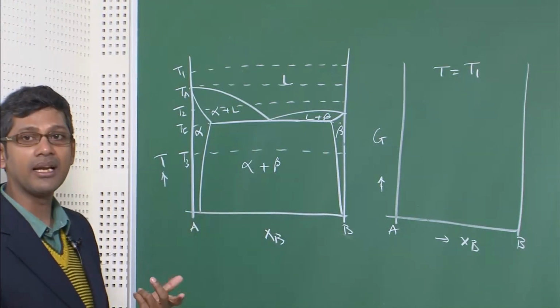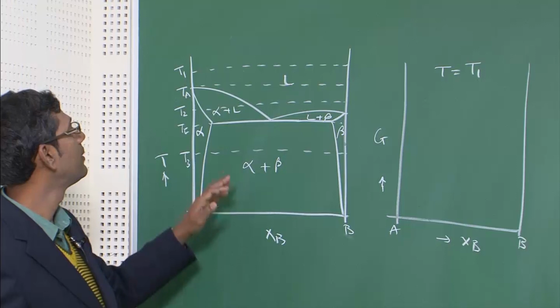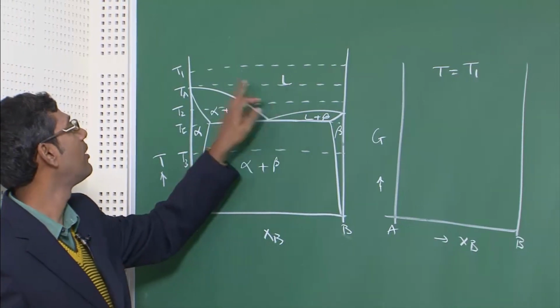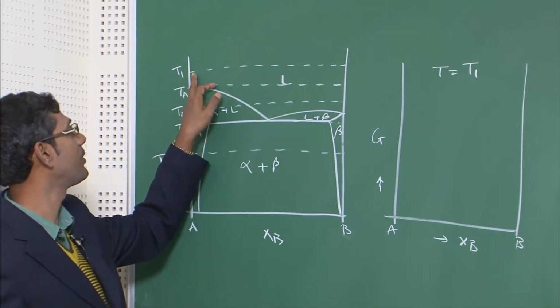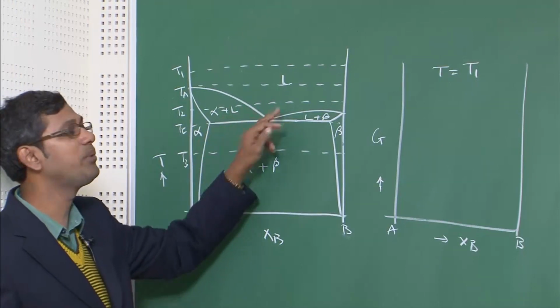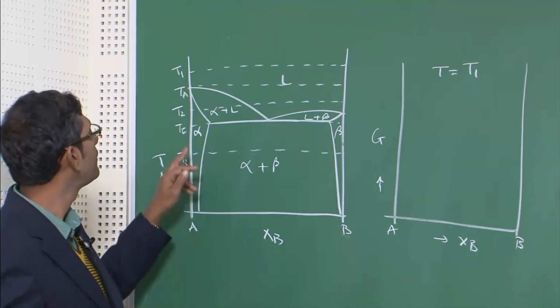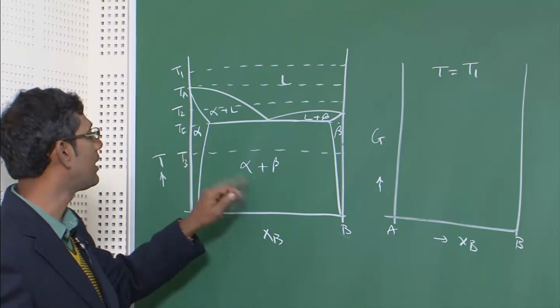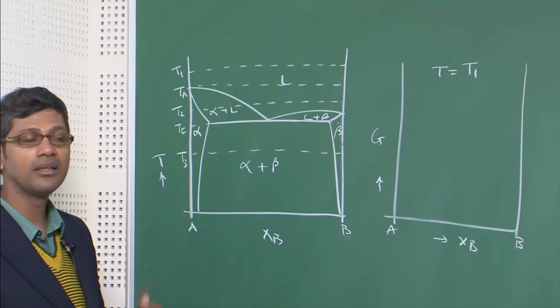And it is very clear, and you probably have understood, that because only liquid is stable at temperature T1, the free energy of the liquid will be the minimum. The free energy of the other two solids, alpha and beta, will be above that.